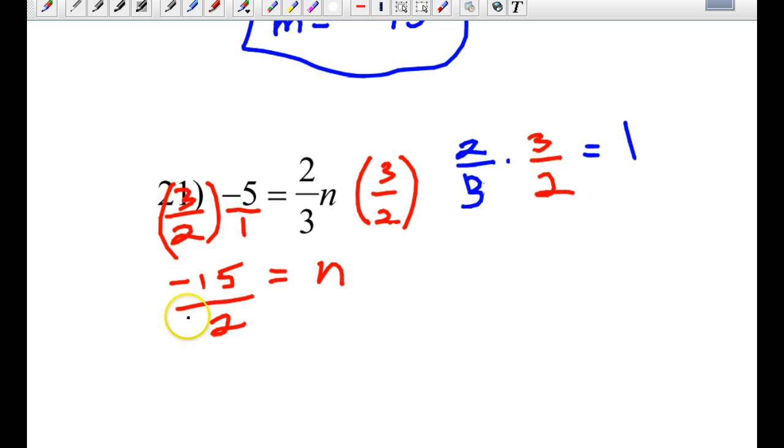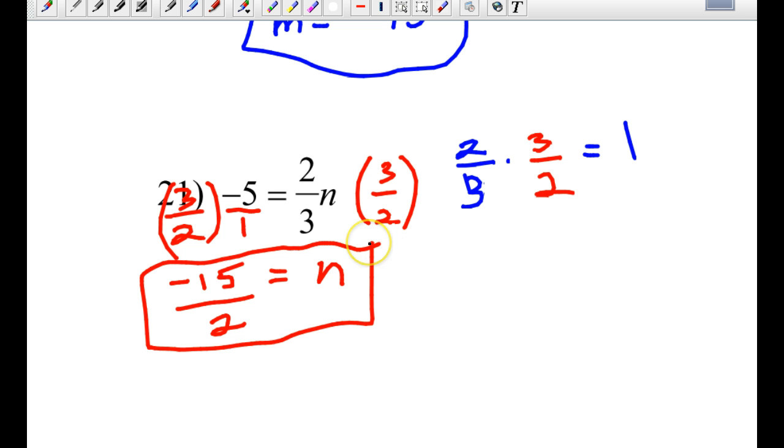If this is fully reduced, you are done. You don't have to change this to 7.5 or make it a decimal like negative 7.5. Reduced fraction is perfectly fine. If it's a word problem, however, like if this is asking how much money do you owe at the end of week 2, you wouldn't say I owe negative 15 over 2.